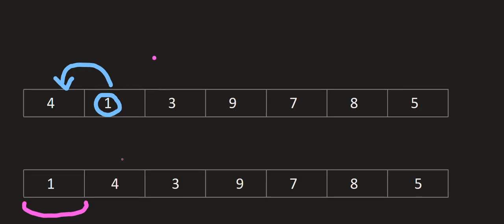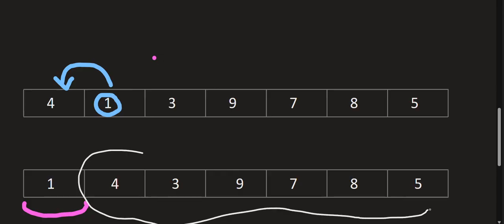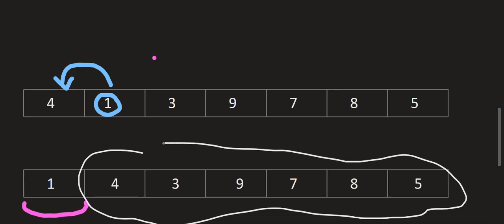In your unsorted part, again you will traverse and check which is the minimum. This is my unsorted part, and here the minimum element is 3.